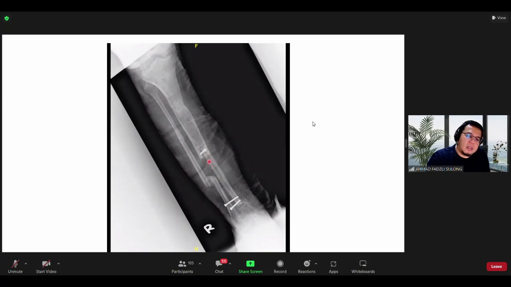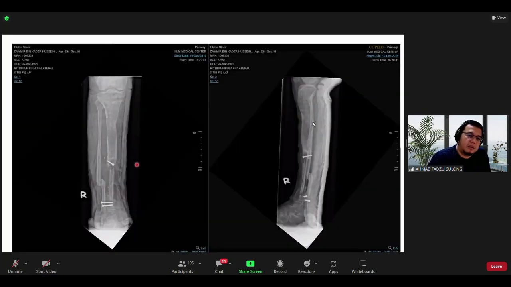But there is risk. When we do this, the patient has to be quite healthy and the local blood supply should be good. However, unfortunately for him, that did not happen. The local blood supply is apparently not that good. Initially it looked okay. After a few weeks, it became not good.